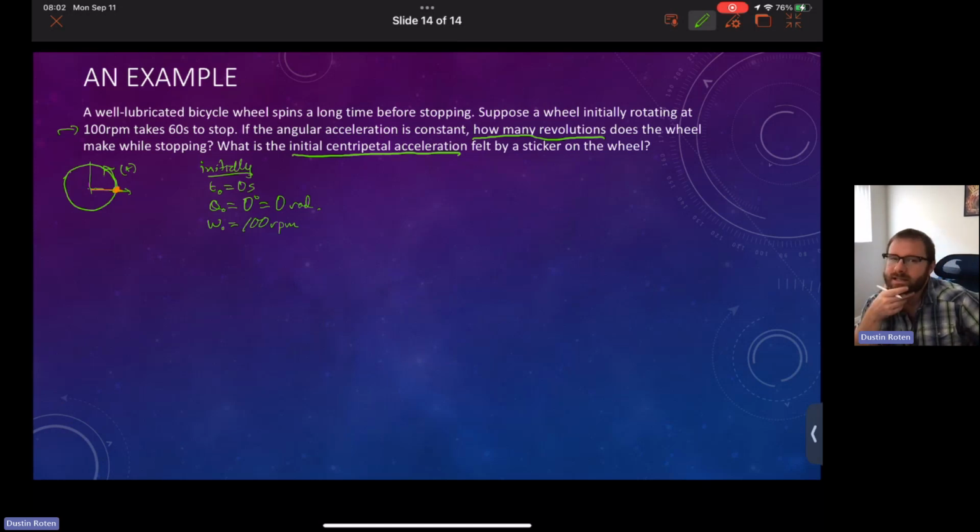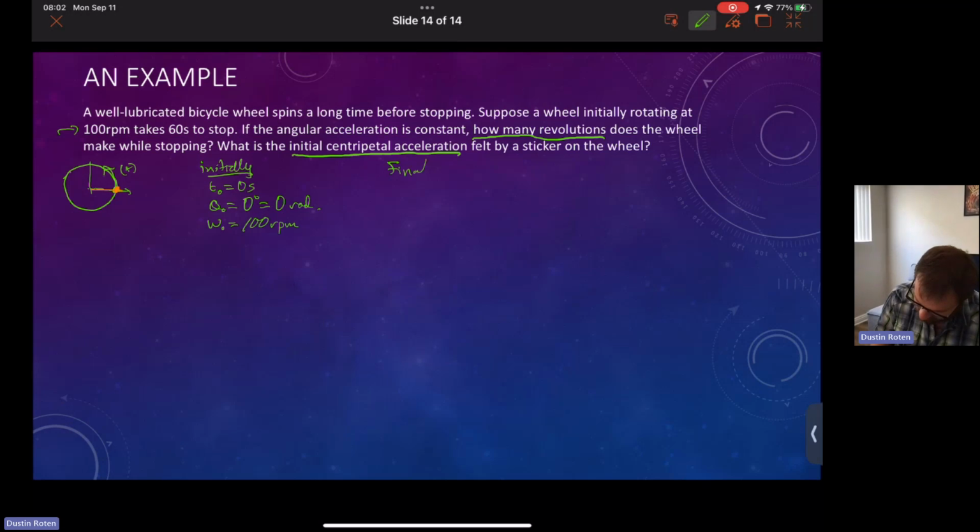And if you notice it takes 60 seconds to stop, well, 60 seconds is exactly 1 minute. So instead of converting all these numbers to SI units, let's just take the 60 seconds and convert that to minutes, then we'll have everything in terms of minutes. So that'll make our lives a little easier. Okay, so I think I've got everything in my initial state.